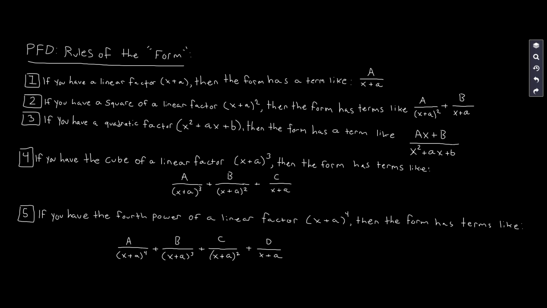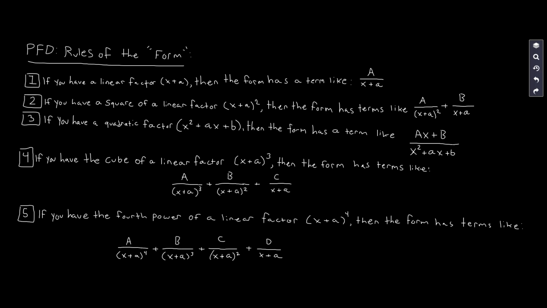Now those are the most common ones, but here are some rare ones. That is rule number 4. If you have the cube of a linear factor, x plus a quantity cubed, then the form has terms like capital A over x plus a quantity cubed plus capital B over x plus a quantity squared plus capital C over x plus a.